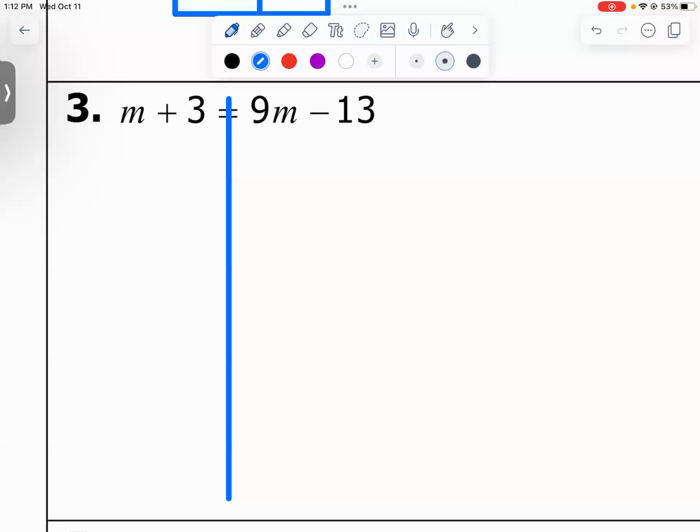So if this is +3, why are you adding 3? Did you minus 9m? So it'd be a negative 8.